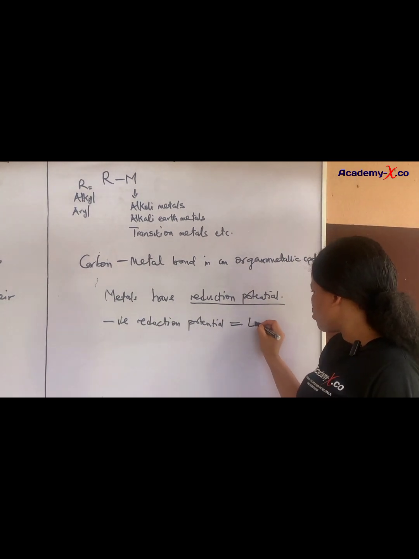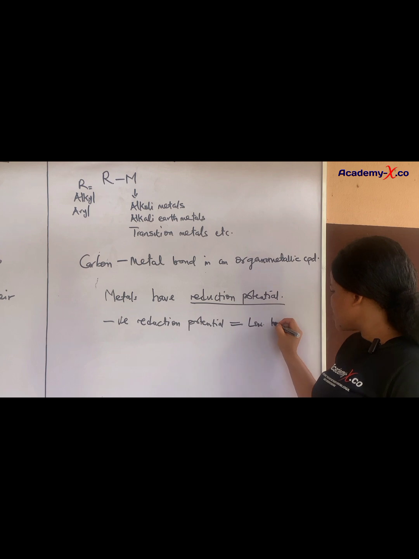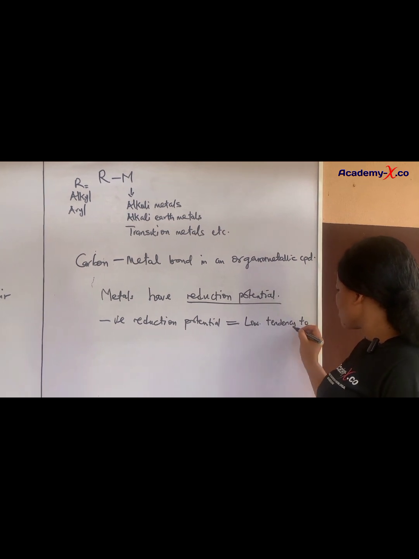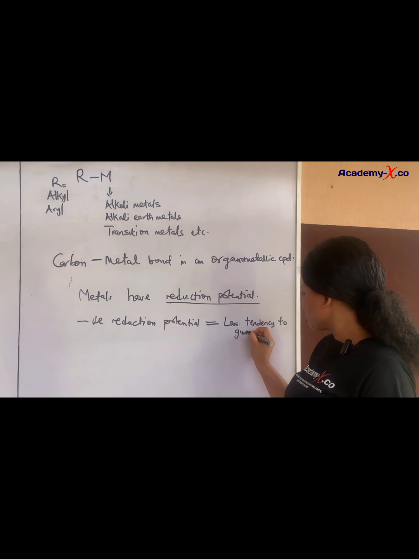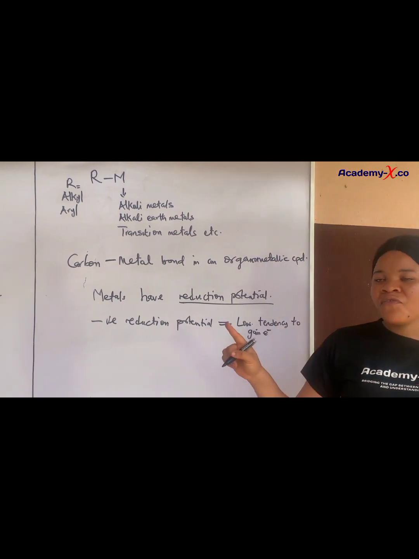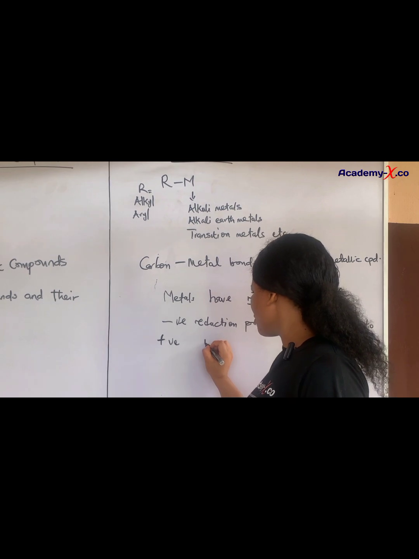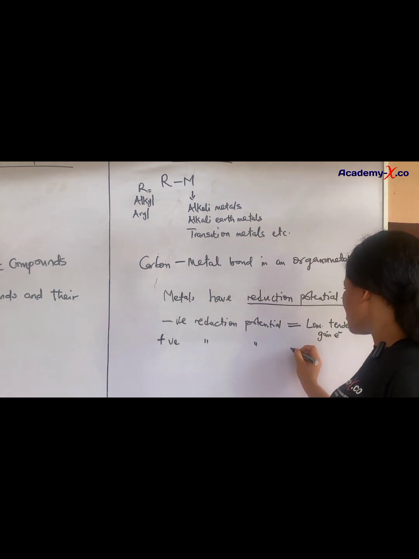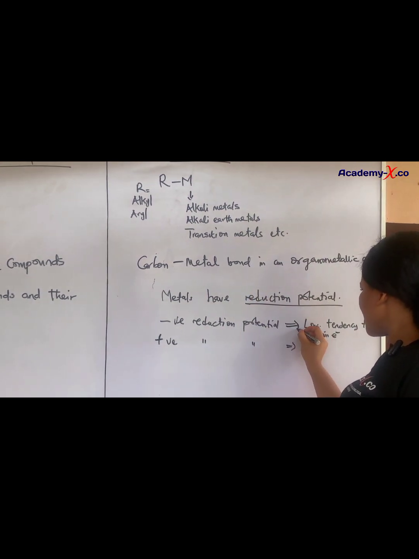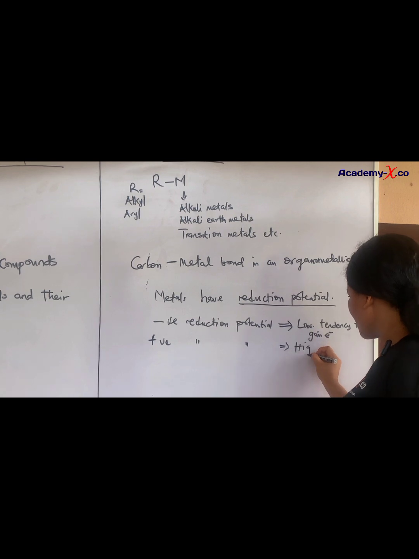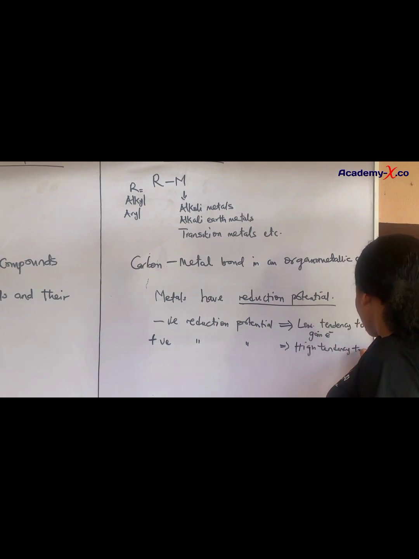It has a low tendency towards gain electron. If you have a positive reduction potential, it means that that metal has a high tendency towards gain electron.